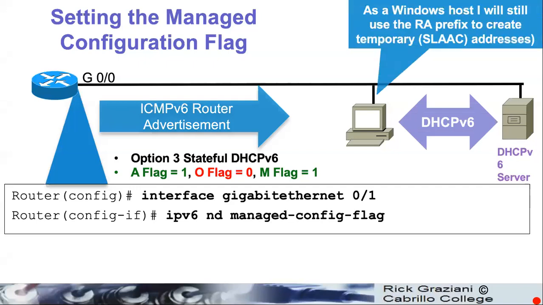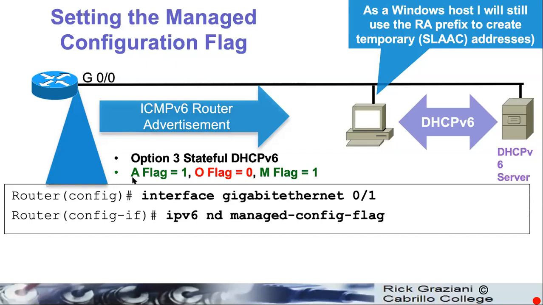Okay. All right, now if we have a Windows host, although we've set the M flag to 1, if the A flag remains at 1, the Windows host will see that and say, okay, I'll get one address from a stateful DHCPv6 server and another address I'll create my own using SLAAC.